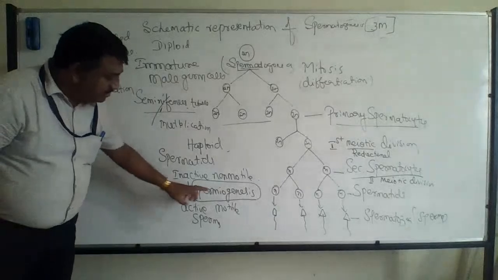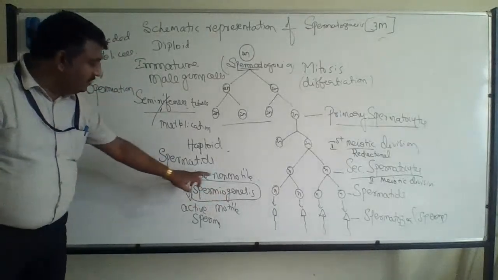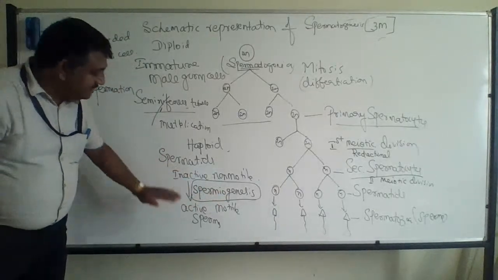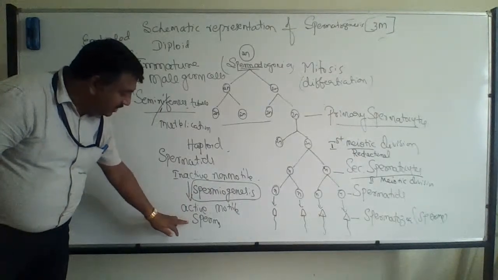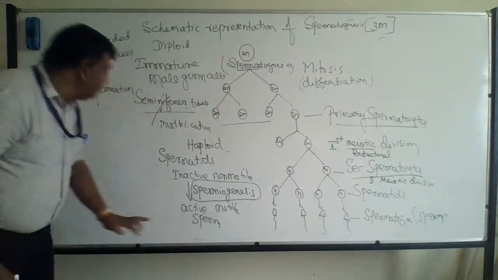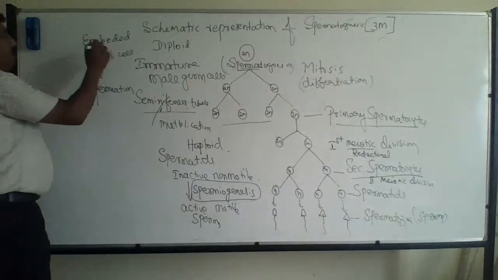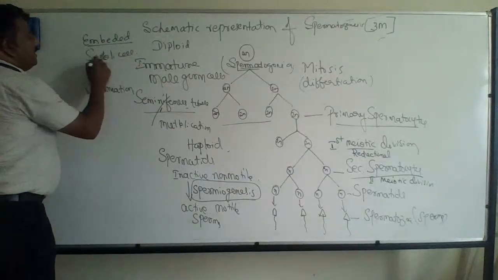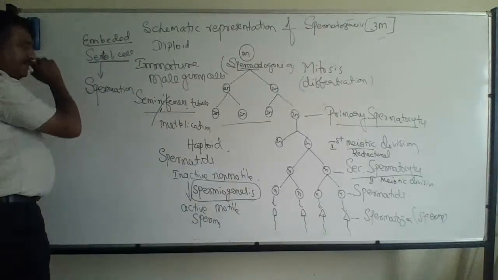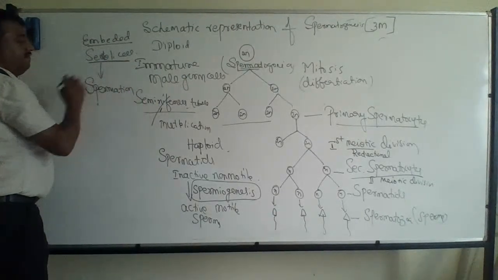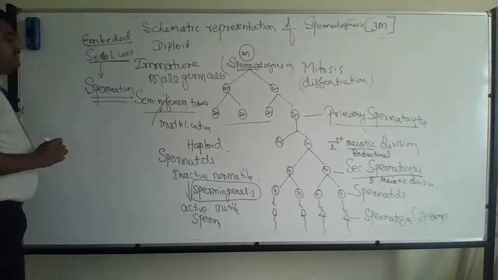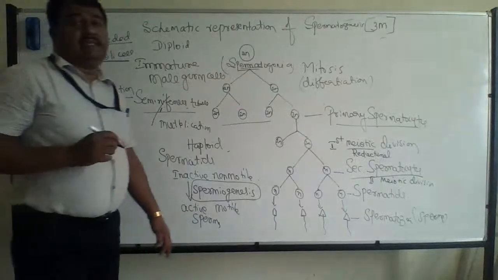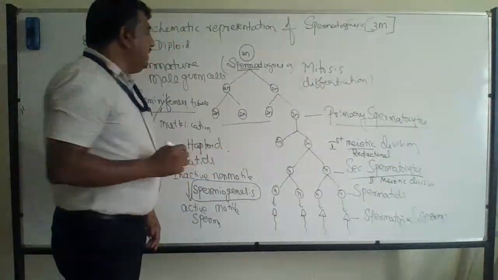By the process of spermiogenesis, the inactive non-motile spermatid is transformed into spermatozoa, or active and motile sperm. The sperm's head is embedded in the Sertoli cells, and finally they are released from the seminiferous tubule by the process we call spermiation.